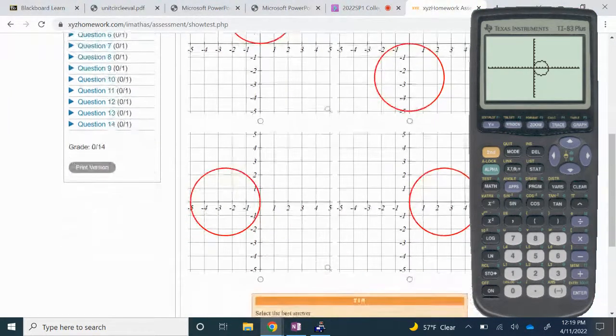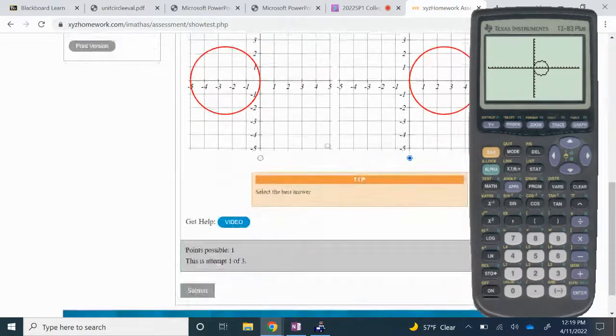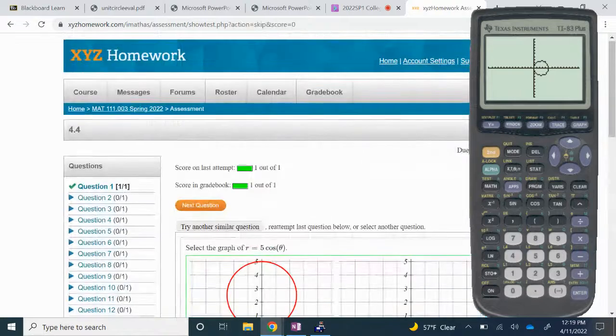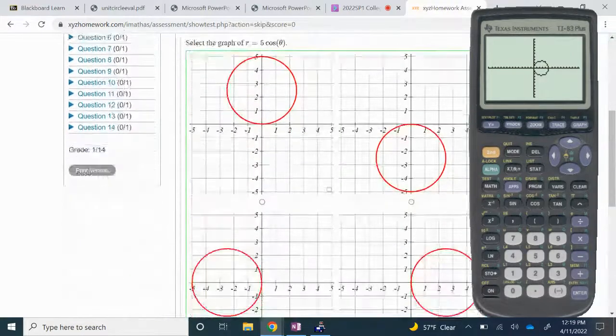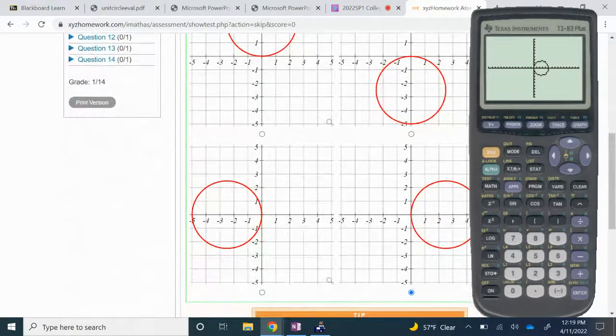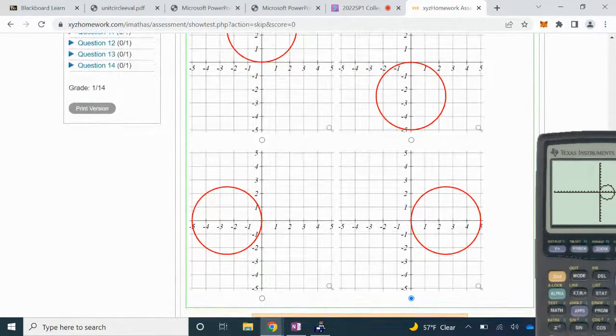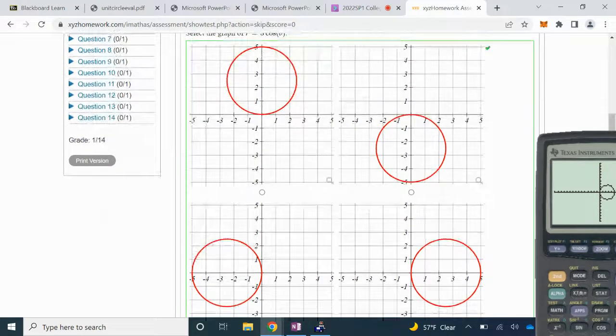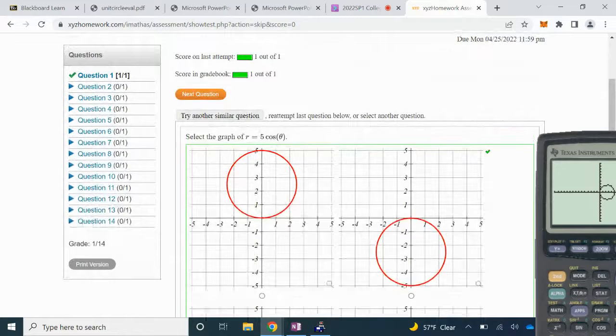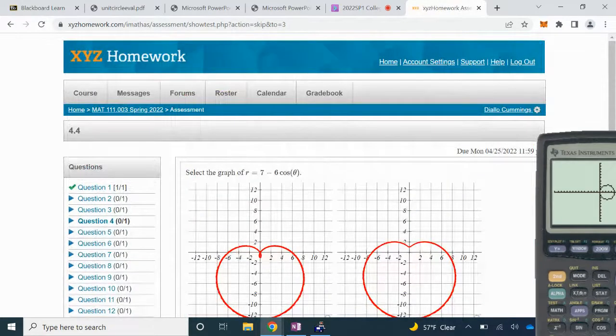All right, so I can pretty much determine that this is my correct answer choice. So we get D. We'll take a look at some more examples.